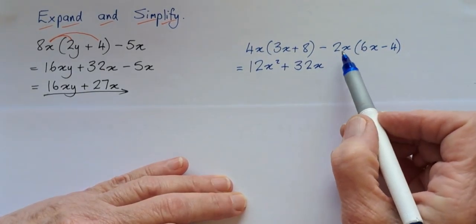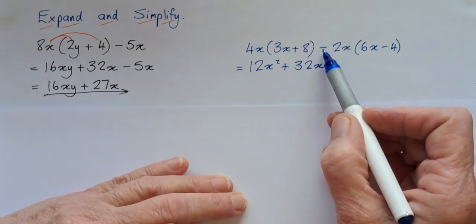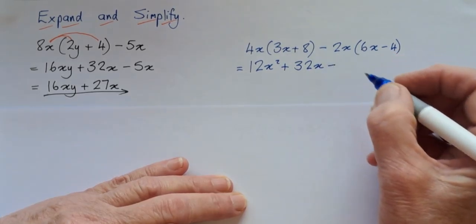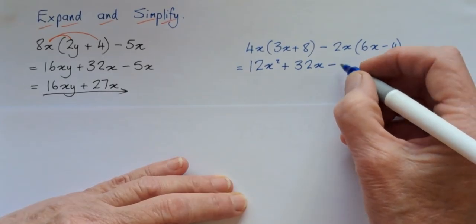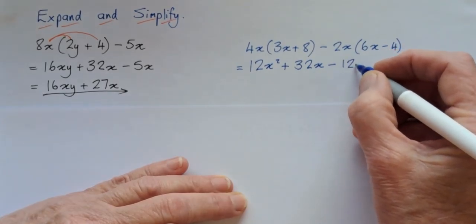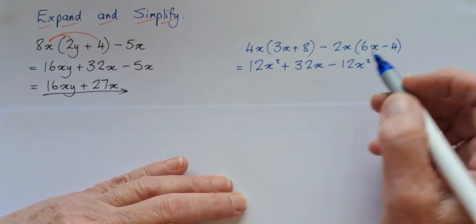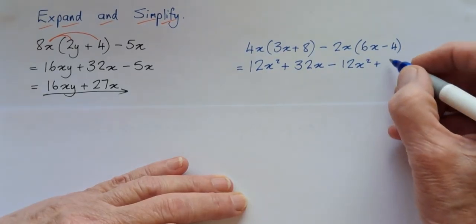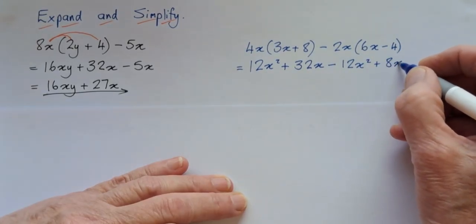Now be careful, this term outside the bracket is a negative, so make sure of your signs. Negative times positive is negative. 2x times 6x is 12x squared, and negative times negative is positive. 2x times 4 is 8x.